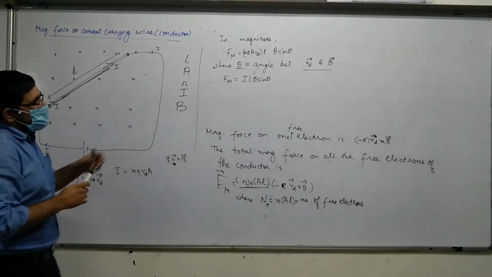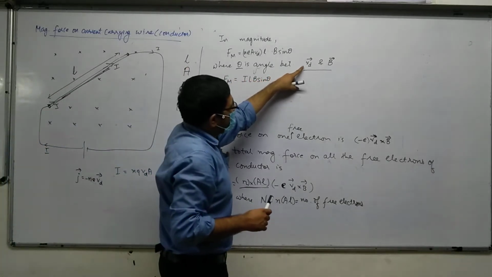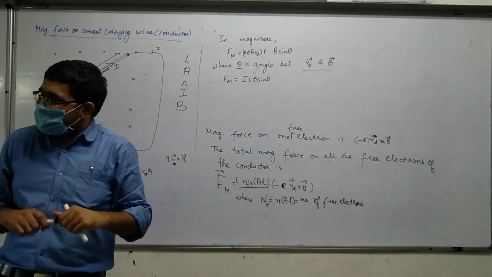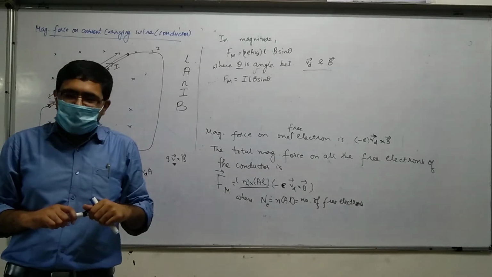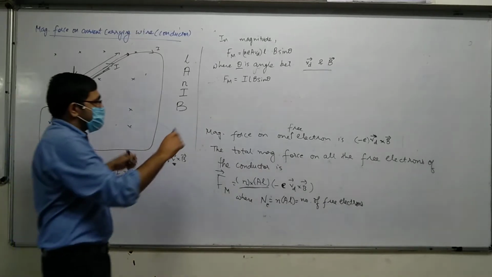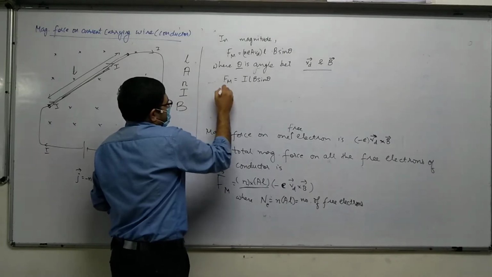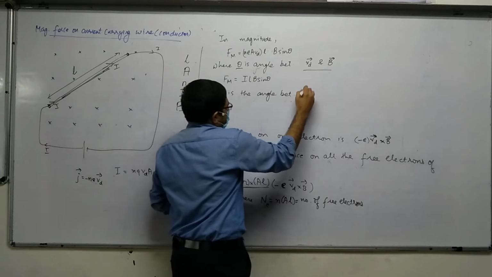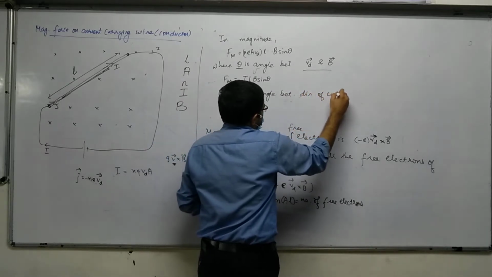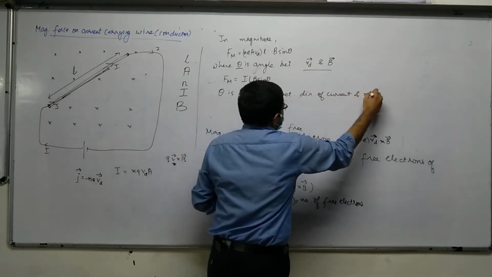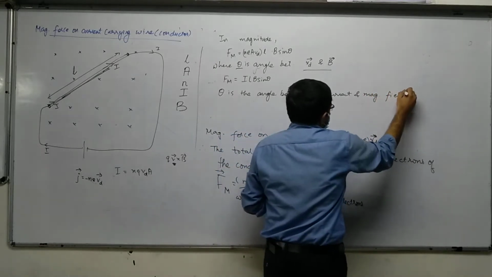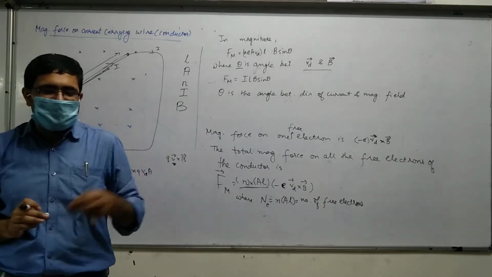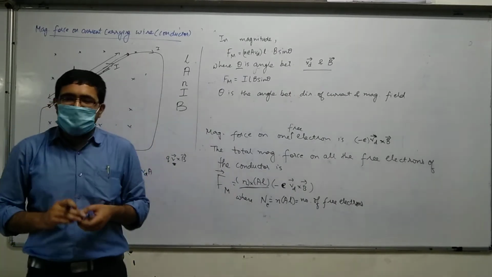So instead of considering this as the drift velocity of a charge, we can also consider it to be the direction of current. So theta is the angle between the direction of current and the magnetic field.